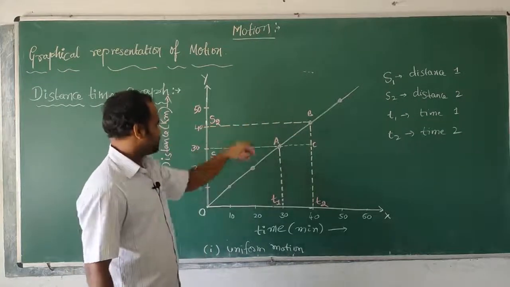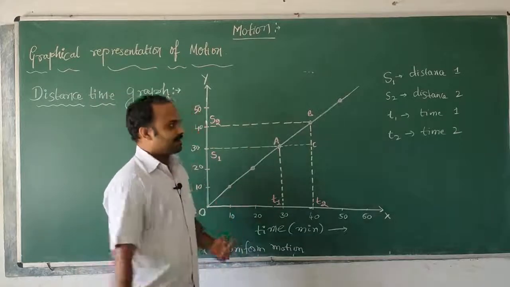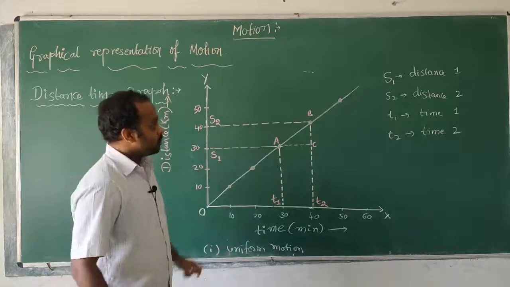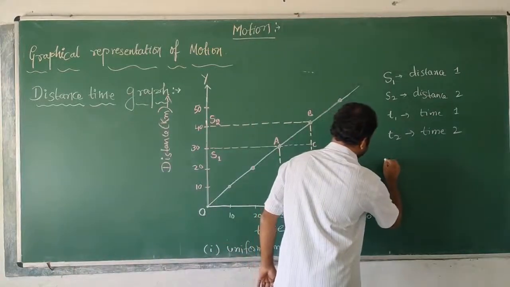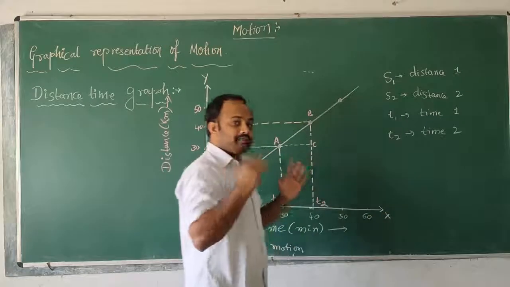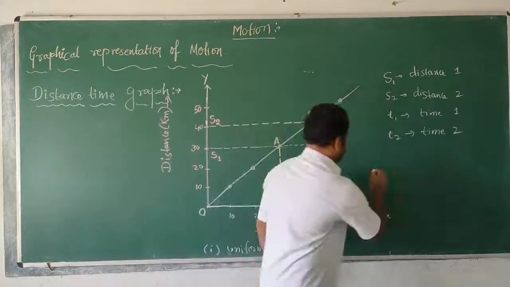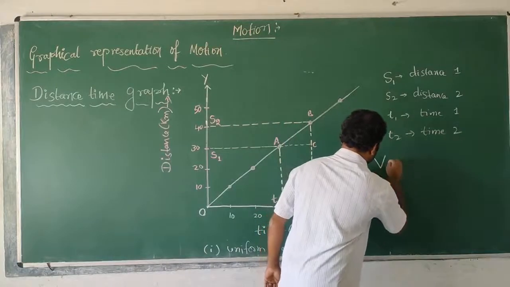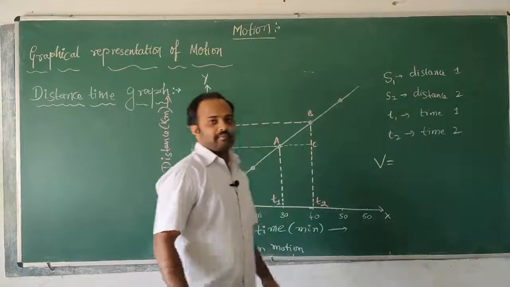Here S1 is the distance 1, S2 is the distance 2, T1 is the time 1, and T2 is the time 2. From this we can find velocity of an object. How do we find? Let's say velocity v is equal to distance by time, we know that.